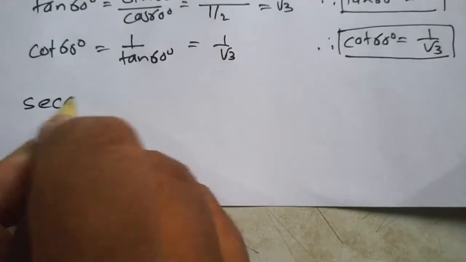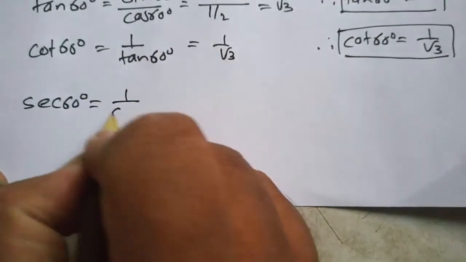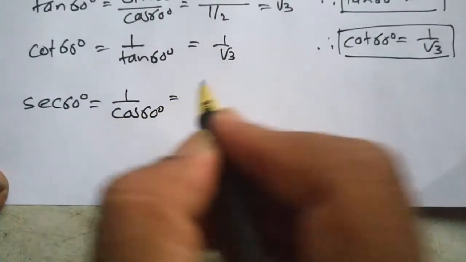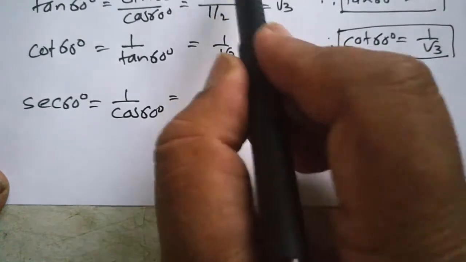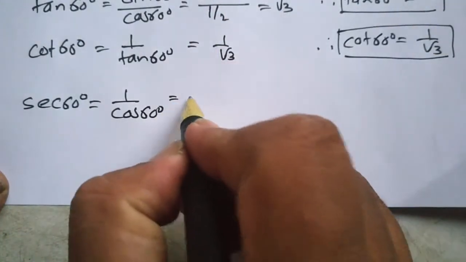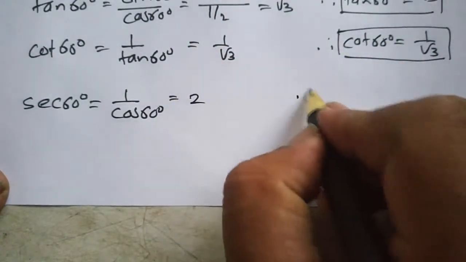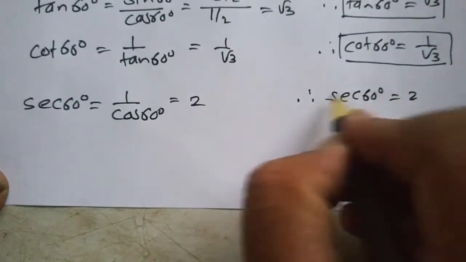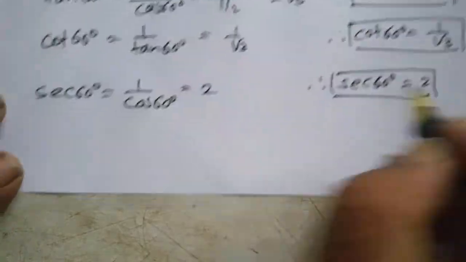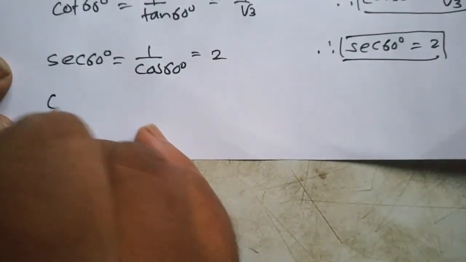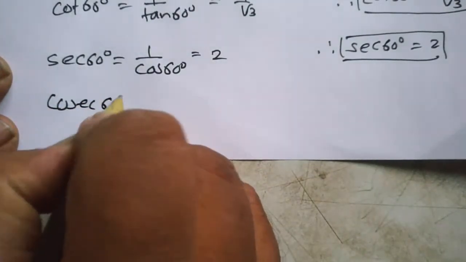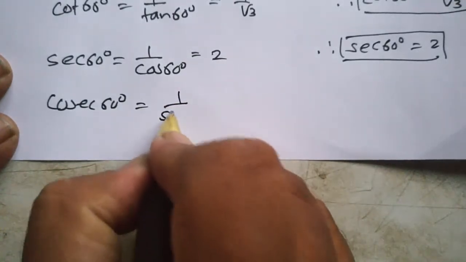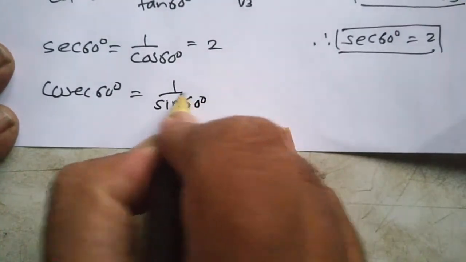Sec of 60 degree is equal to 1 upon cos of 60 degree. Cos of 60 degree is 1/2, so it is 2. Therefore, sec of 60 degree is 2. And finally, cosec of 60 degree is 1 upon sine of 60 degree.